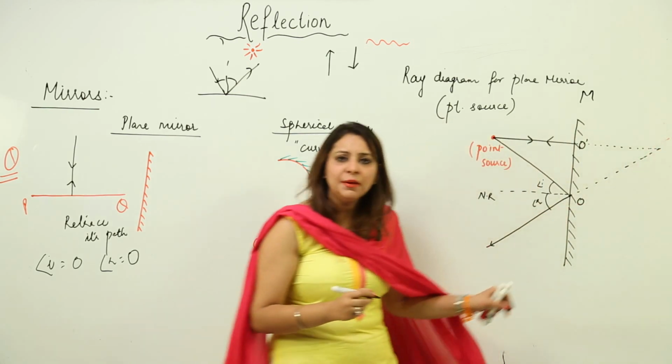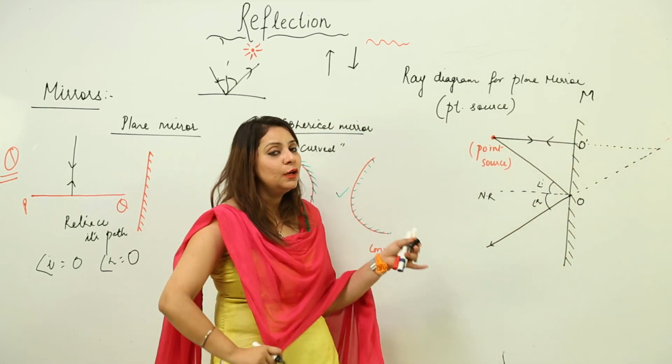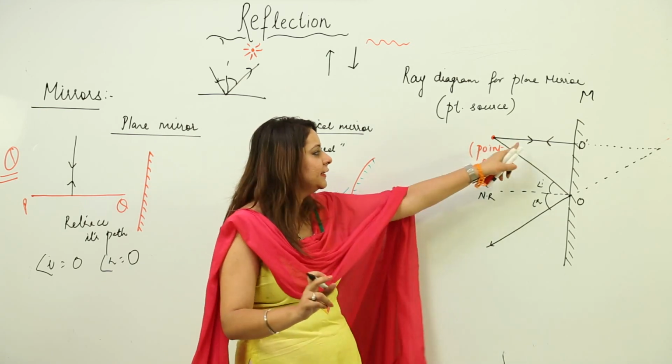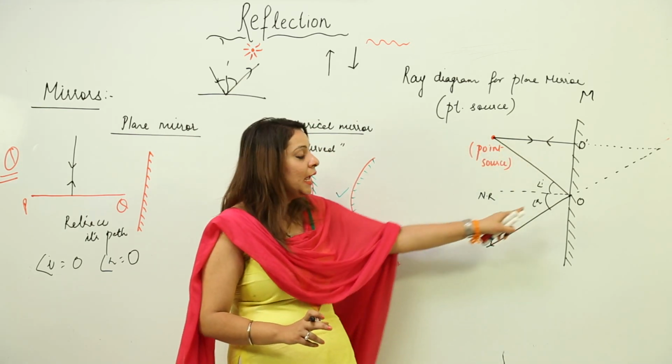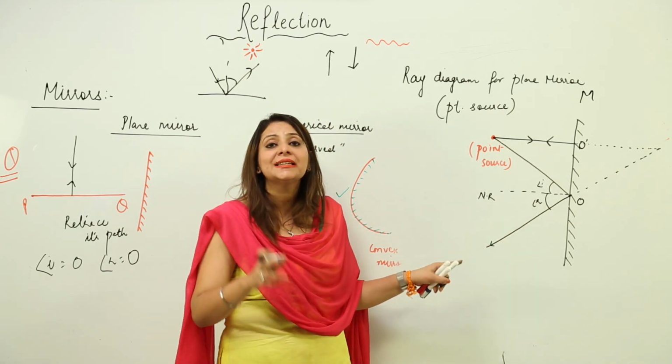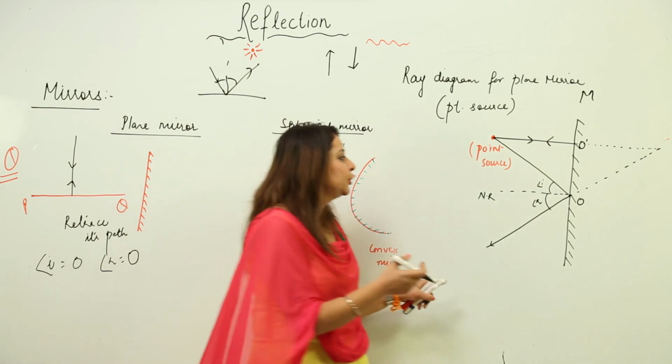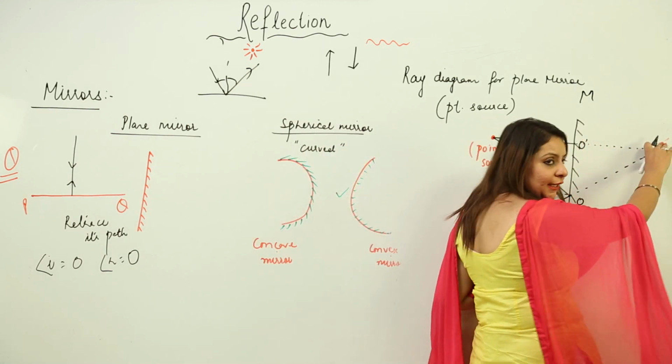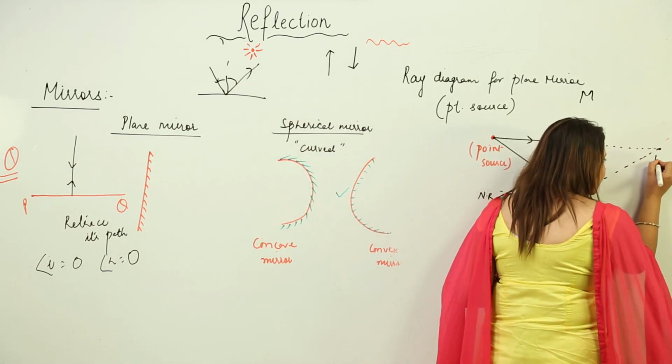Can you see that they are meeting now? Yes, we can see. Otherwise, in the real situation, they are not meeting. But when you extend these rays behind the mirror, you see that they are meeting hypothetically. So this is the image.